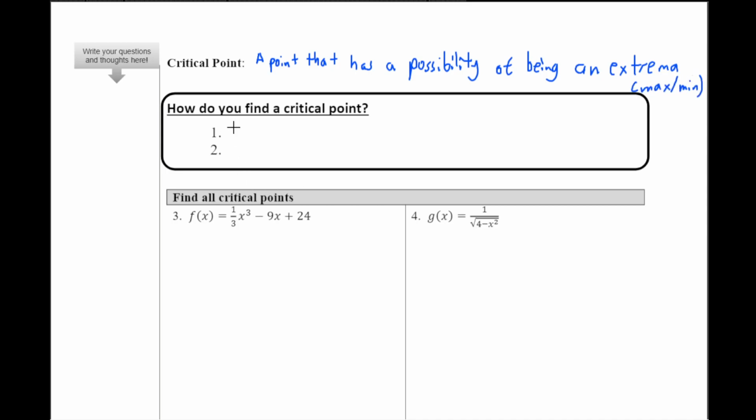How do you find a critical point? Whenever f prime does not exist, or f prime of x equals 0.